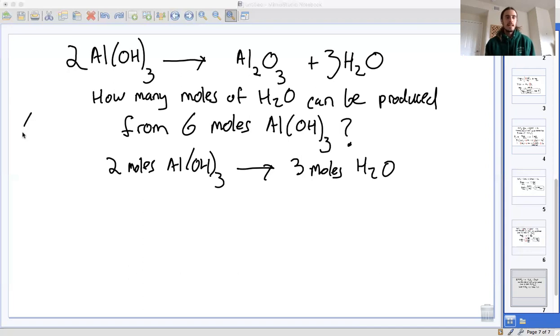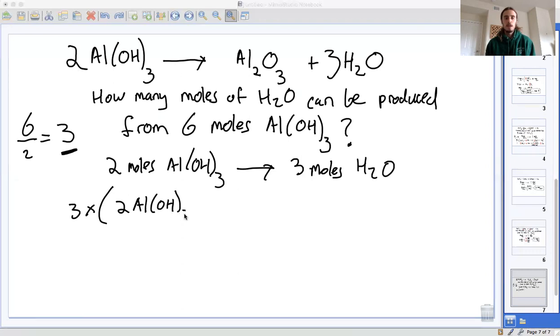So I can take 6, divide by 2. That's 3, right? So this is the factor by which I have to multiply my recipe. So what I'm going to do is take 3 and multiply that by the whole recipe.